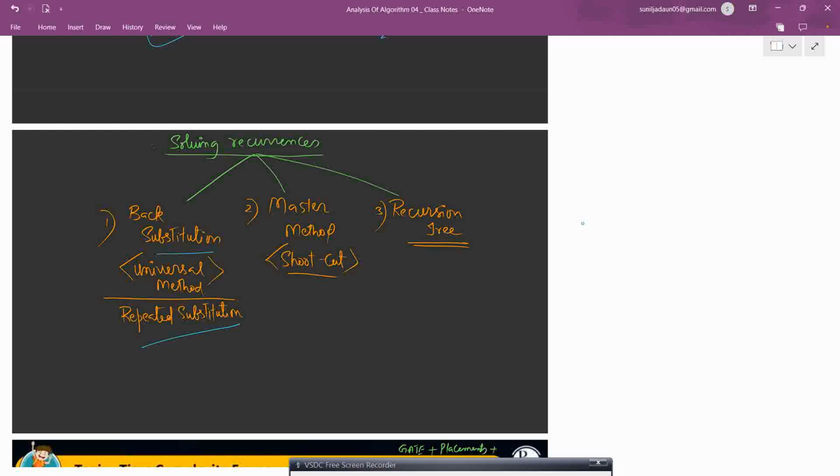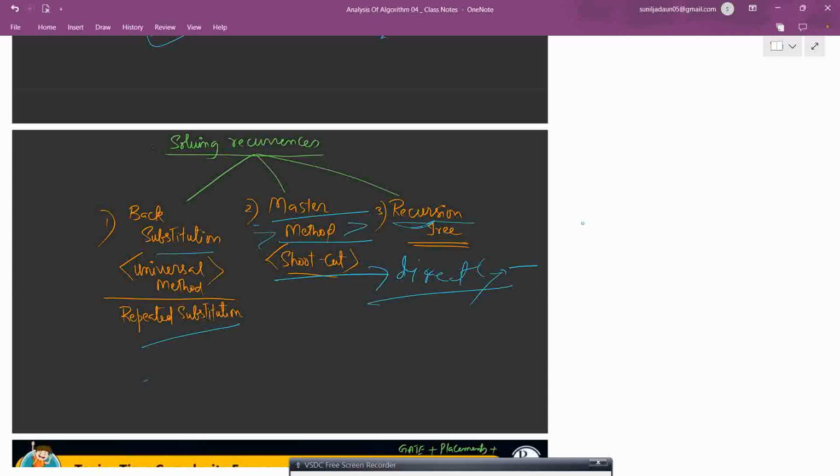Second is the master method, which is a shortcut. Third is the recursion tree. The master method is a shortcut method: if the equation satisfies certain conditions, we can directly give the answer.